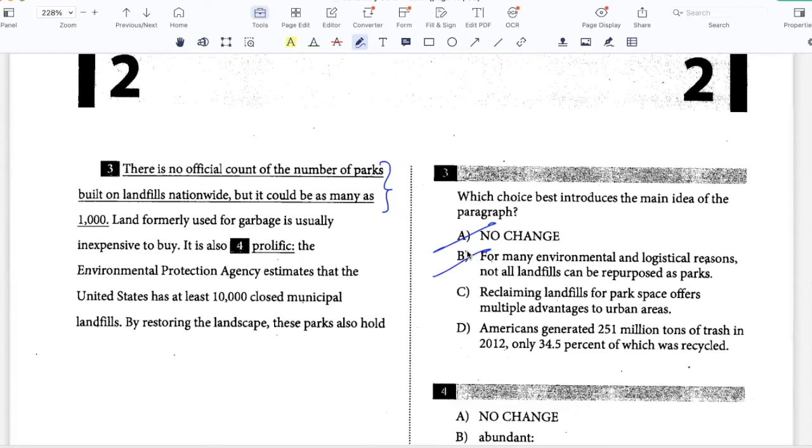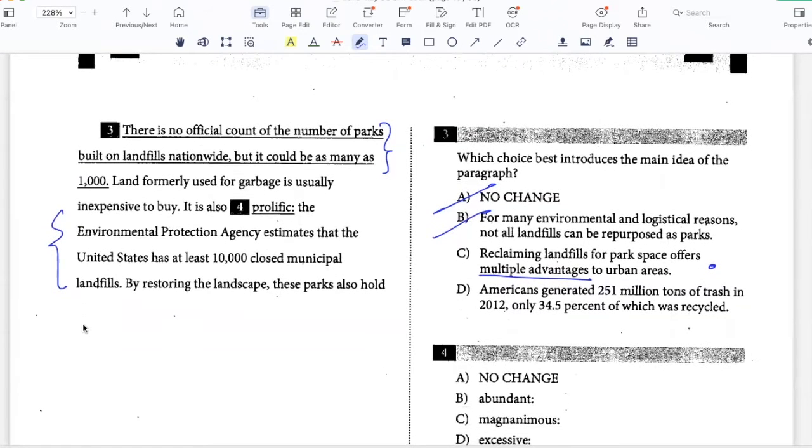Reclaiming landfills for park areas offers multiple advantages to urban areas. So this is a good introduction because I'm talking about the advantages that come with reclaiming landfills. And this is exactly what I'm doing here. I'm saying that this land is inexpensive to buy.